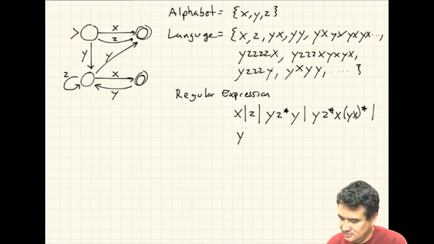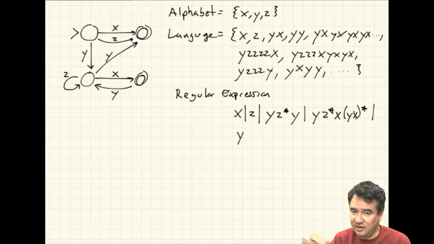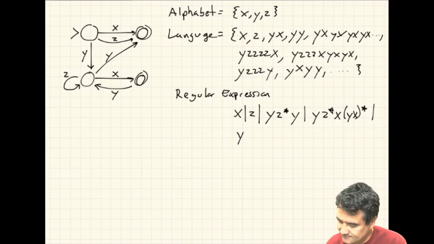Y, let's see, y. See, what I'm trying to do is I'm trying to work in the z star and the yx's together. So I think we got to do it like this. This is tricky. Let's see, z star x.